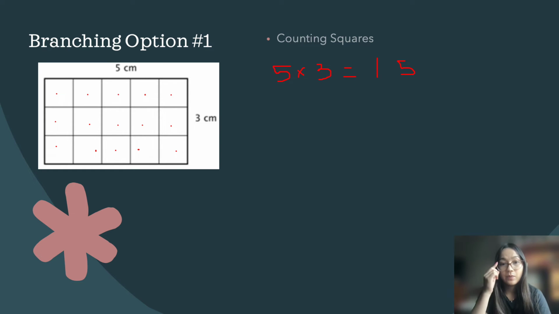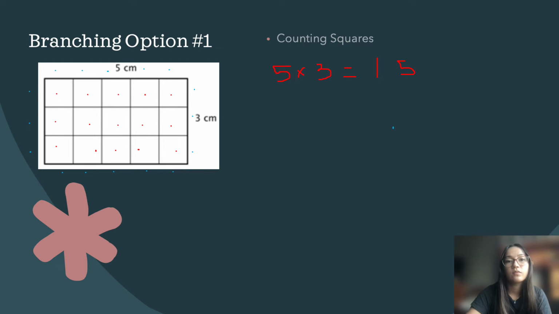And then if we wanted to count for perimeter, we know that the perimeter is the outside. So we could count all of the lines on the outside. 1, 2, 3, 4, 5, 6, 7, 8, 9, 10, 11, 12, 13, 14, 15, 16.